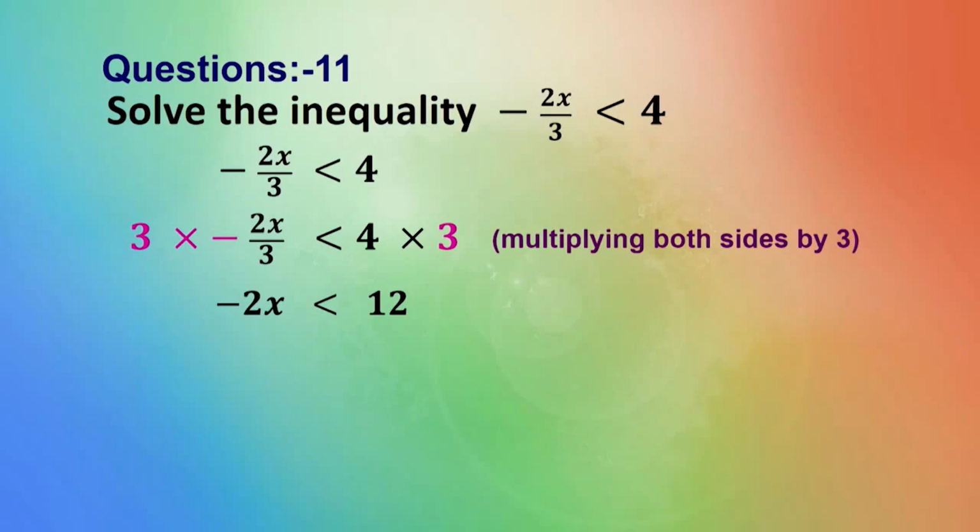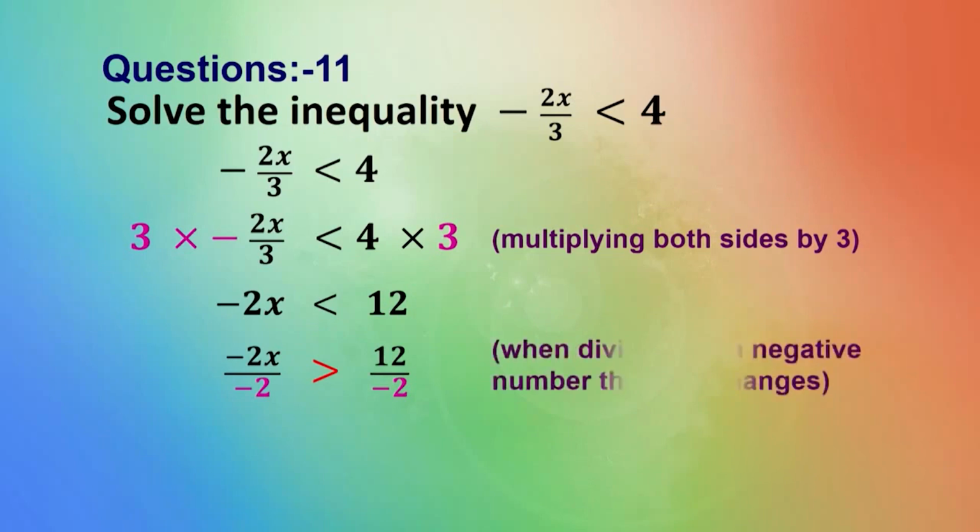Now look at that. -2x < 12. Minus 2x, the coefficient of x is a negative number. Now you have to divide by a negative number to remove this -2. So when we divide by a negative number, what happened to it?